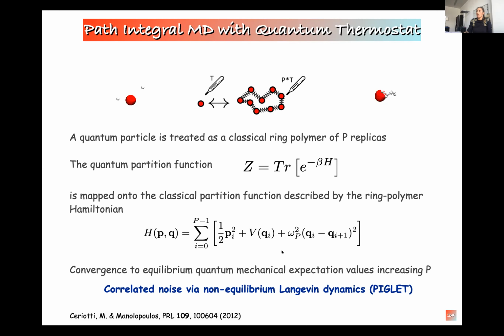This allows us to use just 6 beads for each particle to obtain a rather well converged path integral simulation.